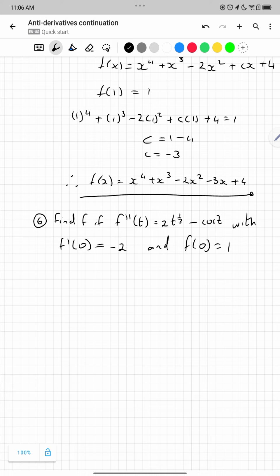So let's see. We have f prime prime of t is equal to 2t to the 1 over 3 minus cos t. So f prime of t is equal to, we have 2, keep it to the side, t to the 1 over 3 plus 3 over 3, all over 4 over 3, minus, now, what's the antiderivative of cos?